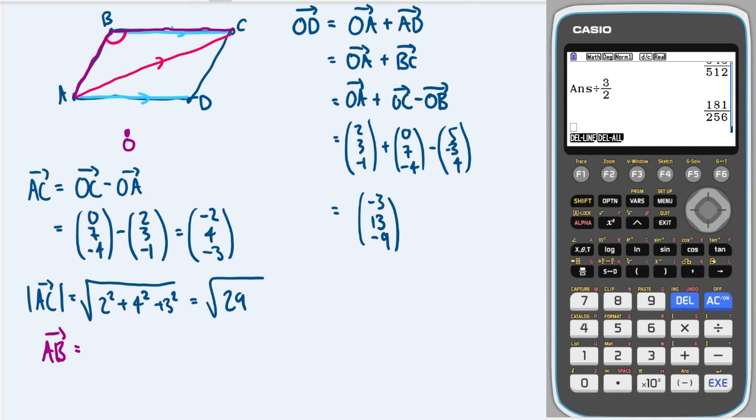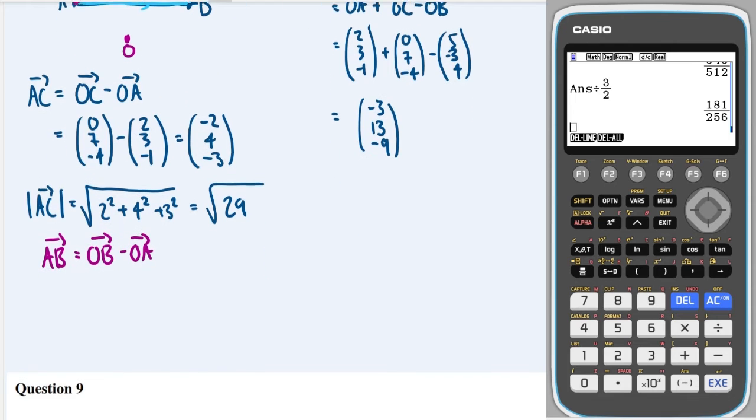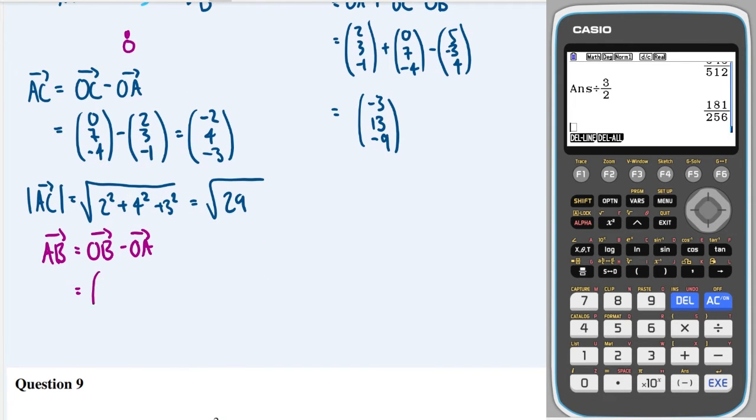Do we have that yet? No, I don't think we do. So we're just going to do OB minus OA, which is equal to 5, minus 3, 4, minus 2, 3, minus 1.